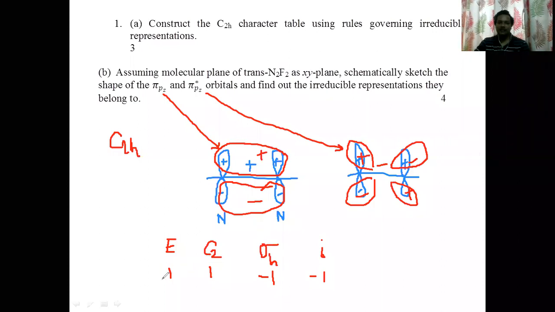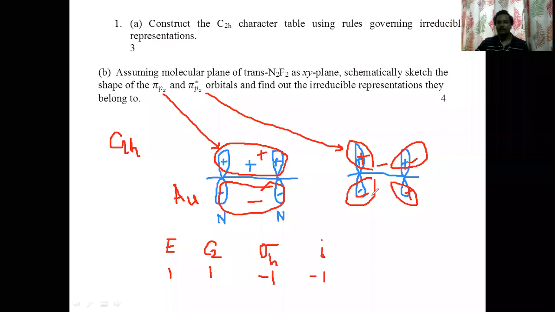This is 1 dimensional, so it is going to be A or B. It is symmetric with respect to the principal axis, so that is going to be A. And as I said, when we have inversion and sigma h, inversion gets preference, so this is going to be ungerade, u. So that is this one.